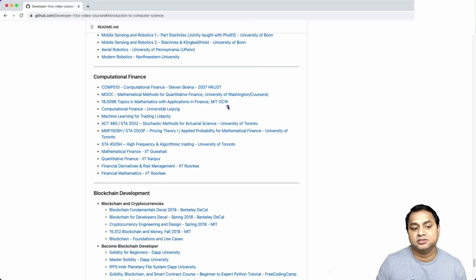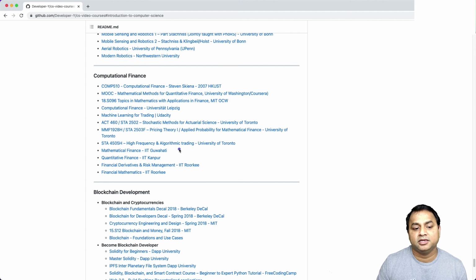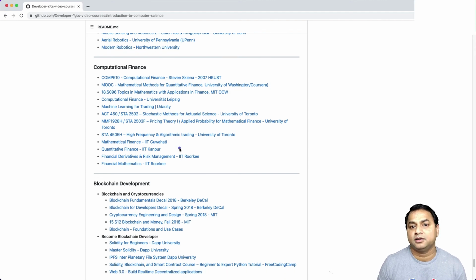If you like mathematical finance or quantitative finance, if you are in the stock market or the financial market, you can check this computational finance section, because this is one of the stock market areas. You can see financial derivatives and risk management. These are all available.